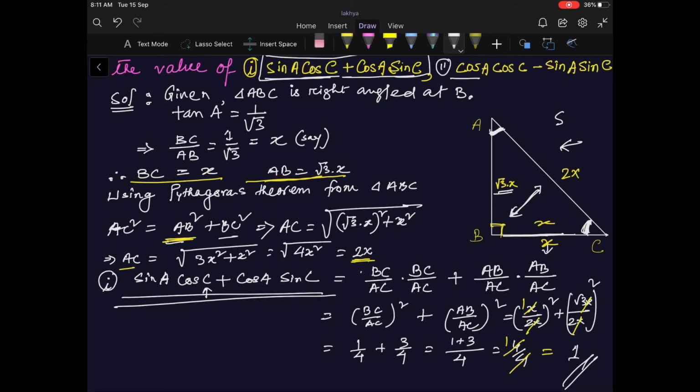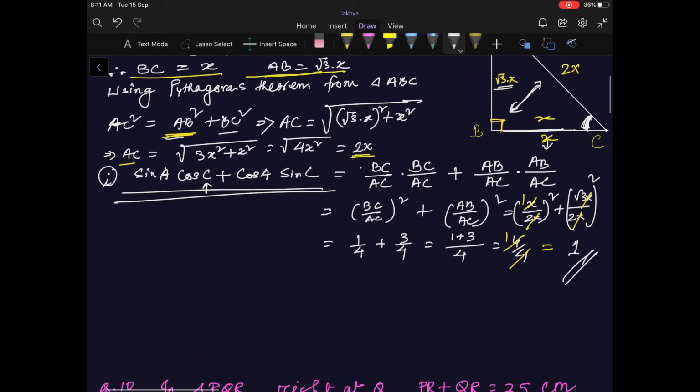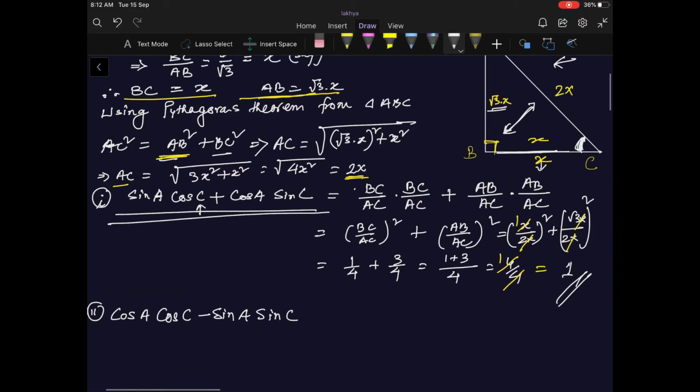Now let us find cos A cos C minus sin A sin C. So now we are going to find number 2, cos A cos C minus sin A sin C. So how to find this?